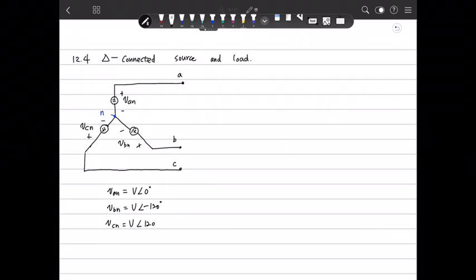We call this the balanced source. And we can define the other terms. We call these the phase voltages.